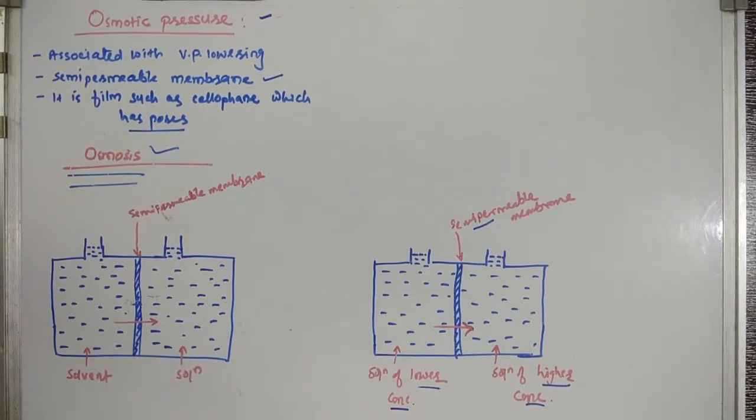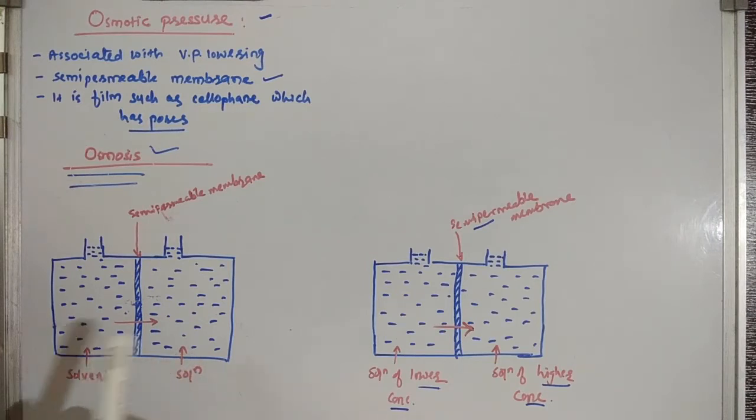Now it is important to understand that the passage of solvent molecules through the semi-permeable membrane takes place in both directions. The solvent is on both sides of the membrane. However, the rate of passage of solvent molecules into the solution, or from the lower concentration towards the higher concentration, is found to be greater than the rate in the reverse direction.